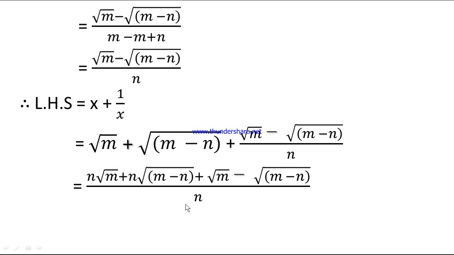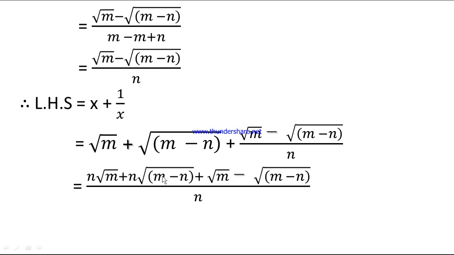Here I have used the largest common multiple n, so here I have multiplied this value with n.